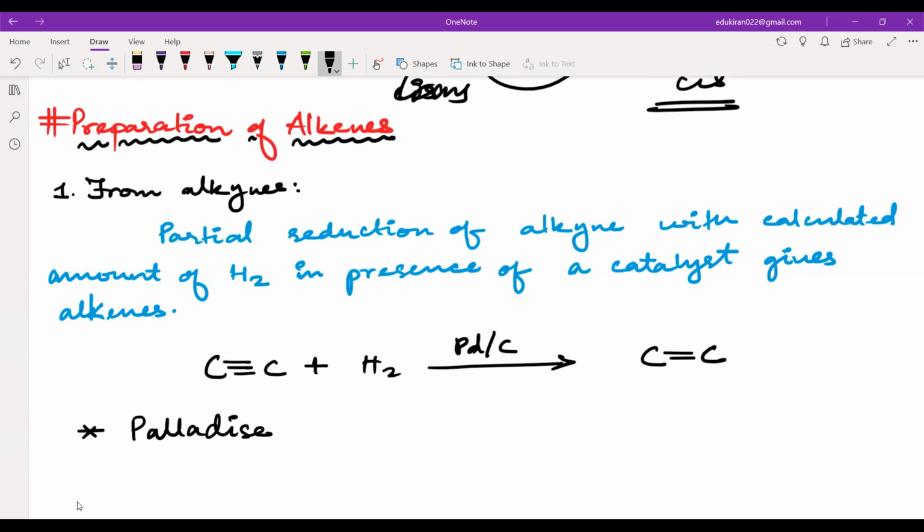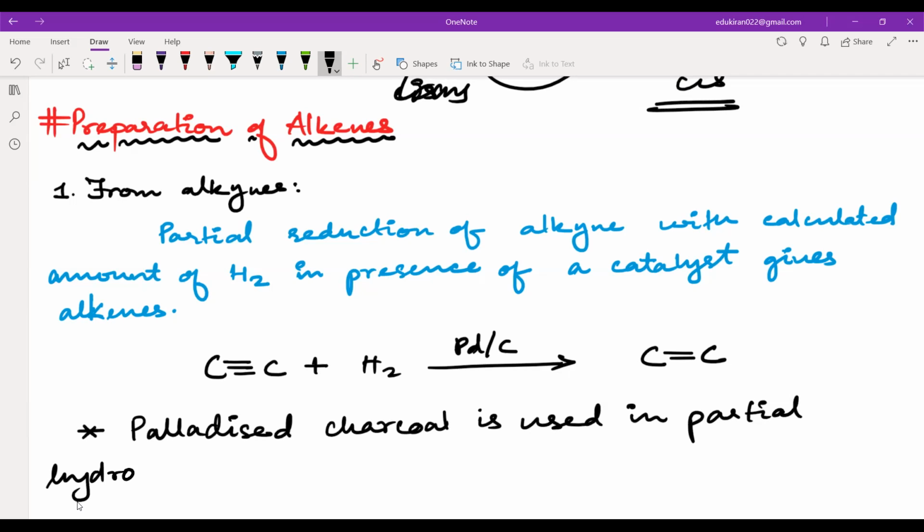Palladized charcoal is used in partial hydrogenation of alkynes.